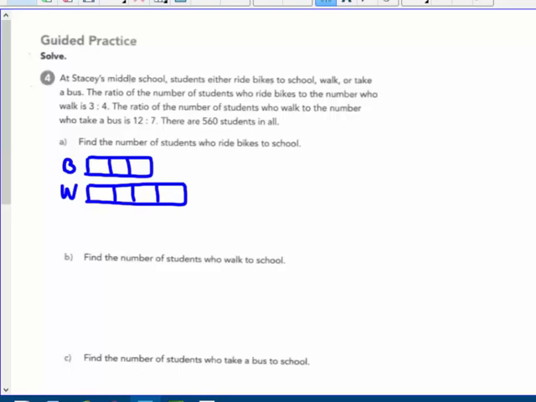So that's bike. Bus will say BS. Walk is 12 to 7. So I have to turn my walk into 12, which means I'm going to be cutting these in thirds.